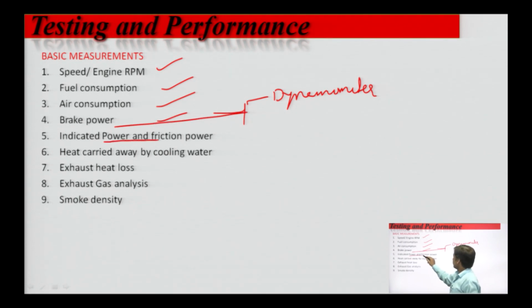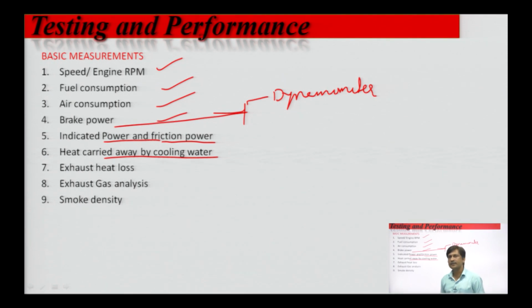Indicated power is from the indicator diagram. Friction power and heat carried away by cooling water are evaluated, because cooling of the engine is needed from a metallurgical point of view.